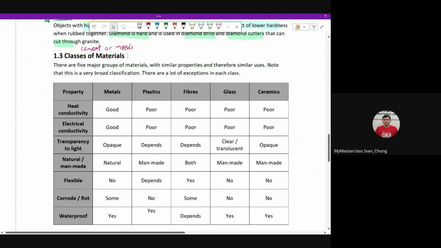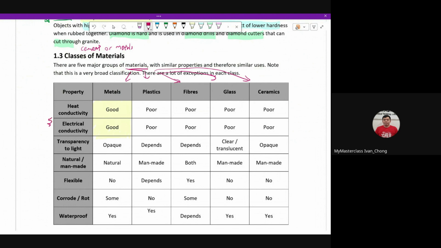Then last but not least, we have this table down here. Now, typically for materials, we break it down into these 5 groups. And all of these 5 groups share a certain general property itself. And if you remember, the only way we can identify a metal is using this.